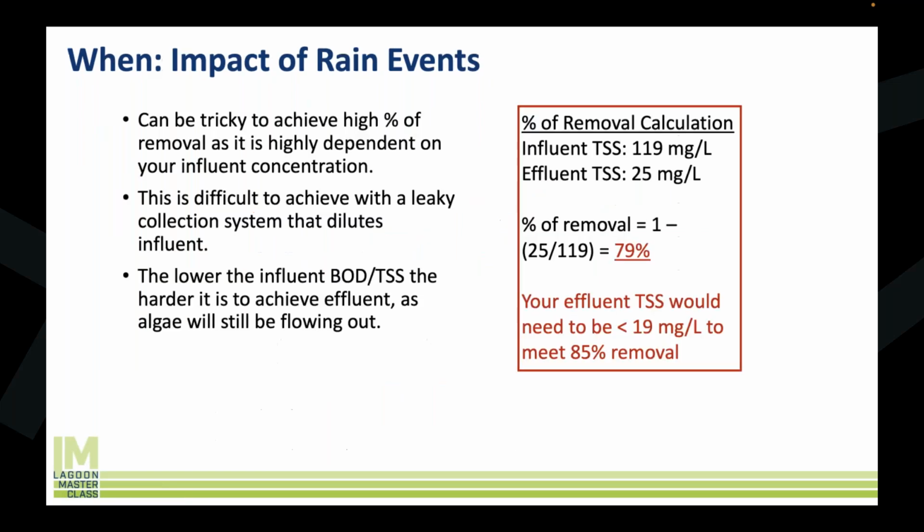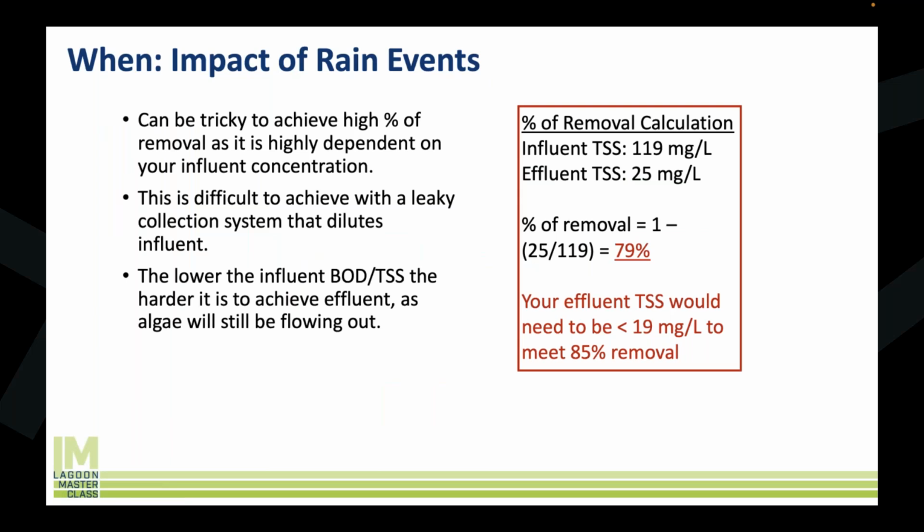However, you might struggle to meet your percentage of removal requirement if you have one, because all that rainwater comes in, it's going to dilute your sample down, and it's going to then mean that you're calculating your percentage of removal across the plant. It's going to dilute that percentage of removal.